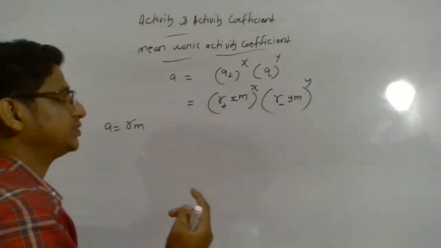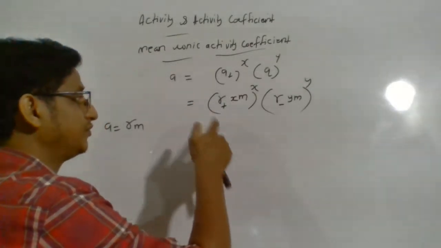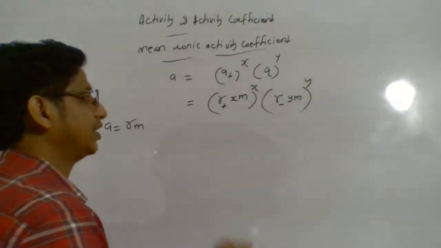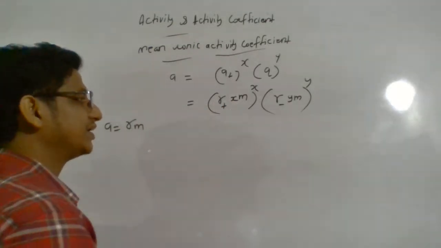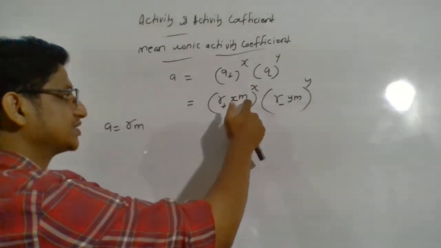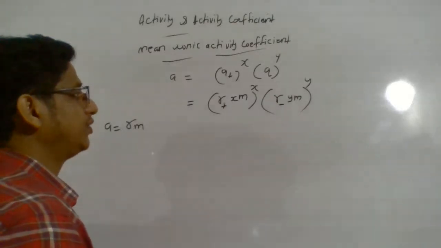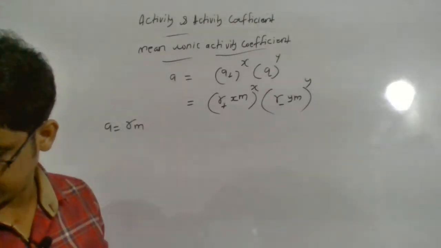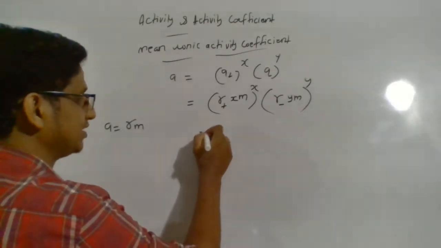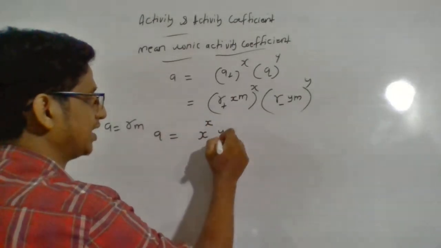So we introduce a is equal to gamma m, that's for a monovalent electrolyte. For a polyvalent electrolyte, x and y also come into play. So gamma plus xm raised to x into gamma minus ym raised to y. Now let us reshuffle it. So the activity a is equal to x raised to x into y raised to y.